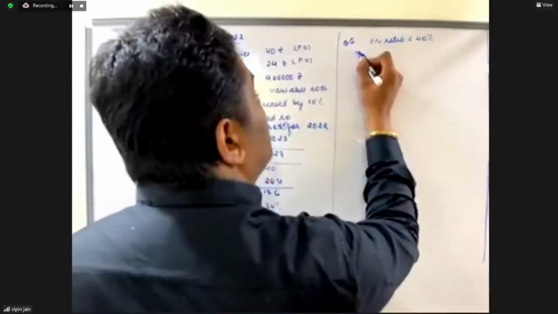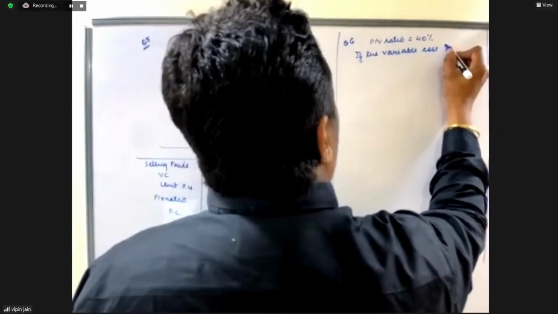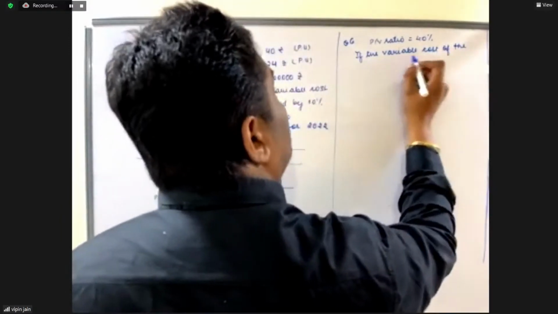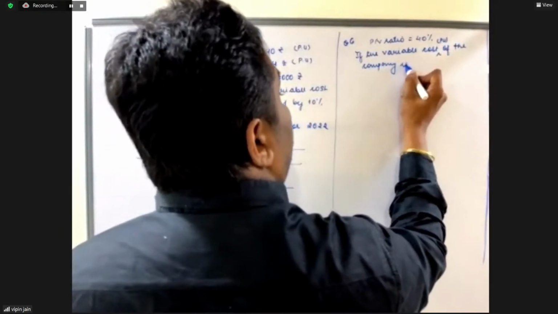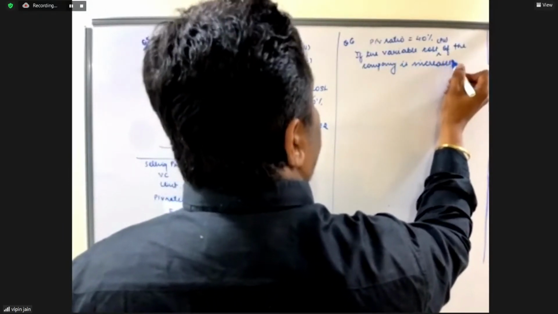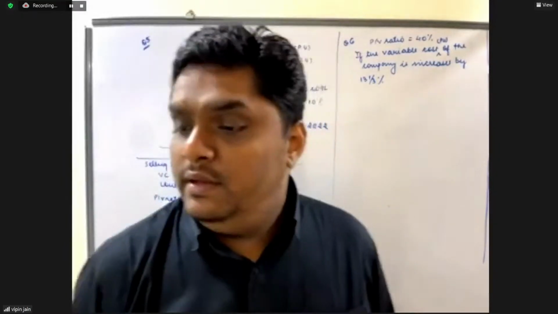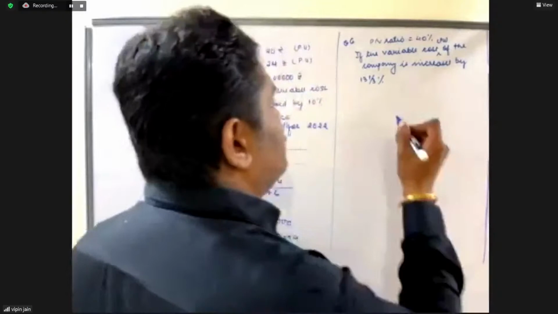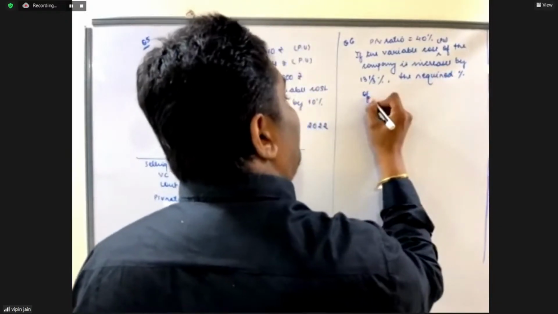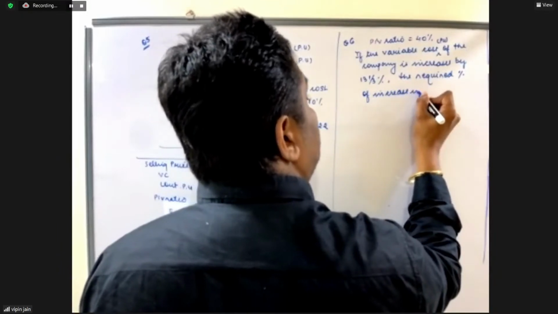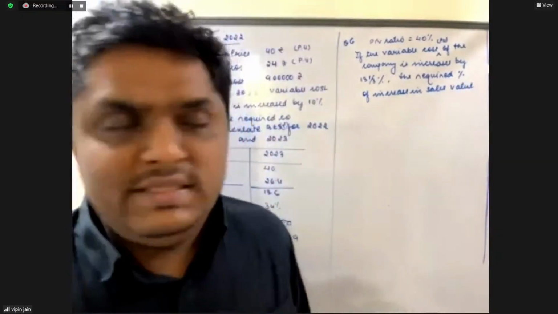Now, if the variable cost per unit of the company is increased by 13.3333%, what is the required percentage of increase in sales value to maintain the same profit?